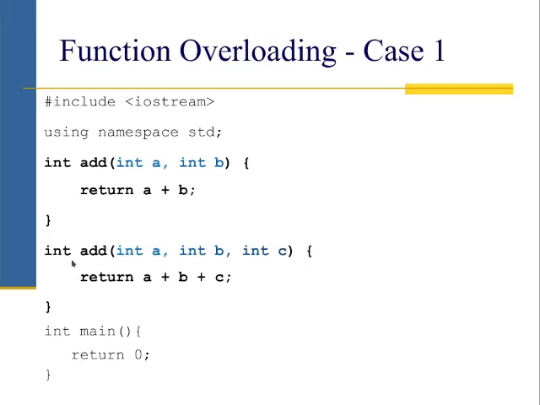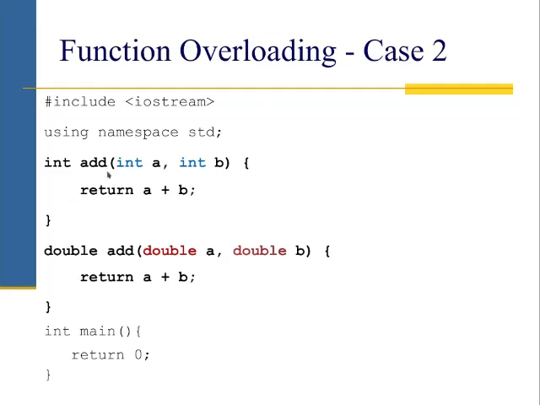And also we are declaring another function with the same data type and the same name but a different number of parameters, and this is going to return the summation of them. You can see the difference between them. This is how you can declare your function, and this is another way you can declare a function, and this is case 1.